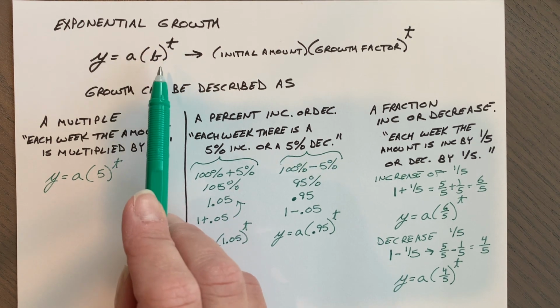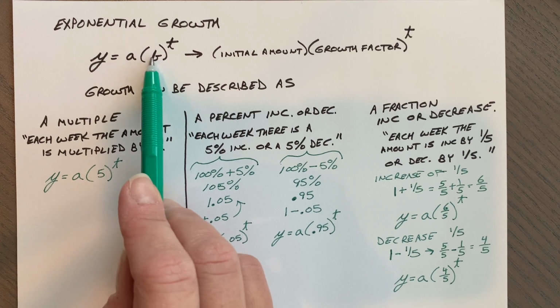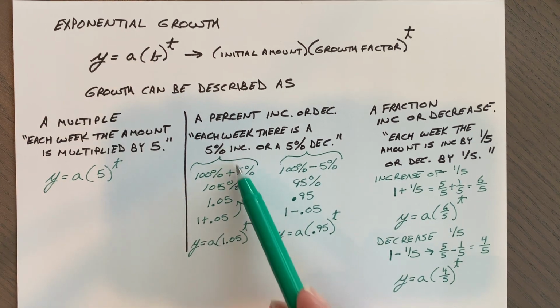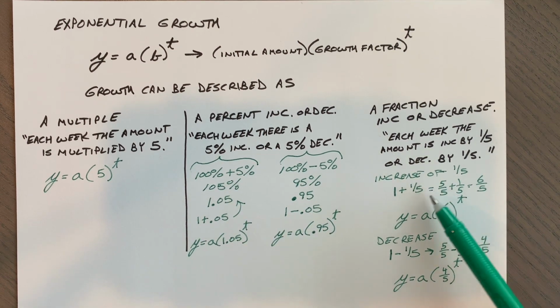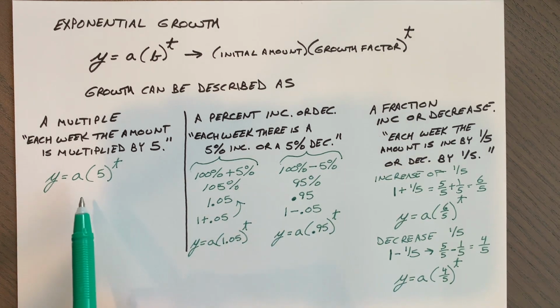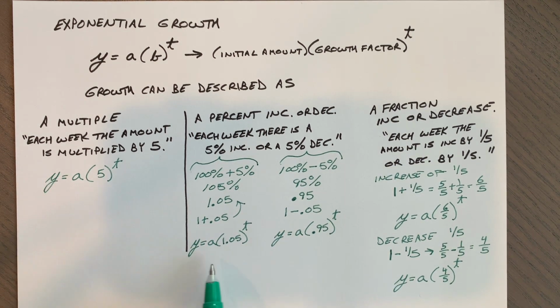There may be some addition involved in finding that growth factor. We may have to add 5%, or add or subtract our fraction amount. But please notice that in its final form, it is all multiplication. The initial amount multiplies that growth factor to the t each time.